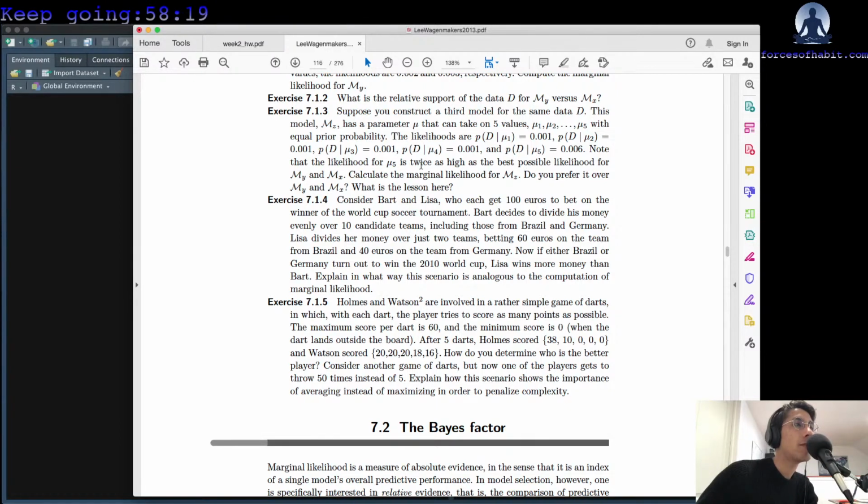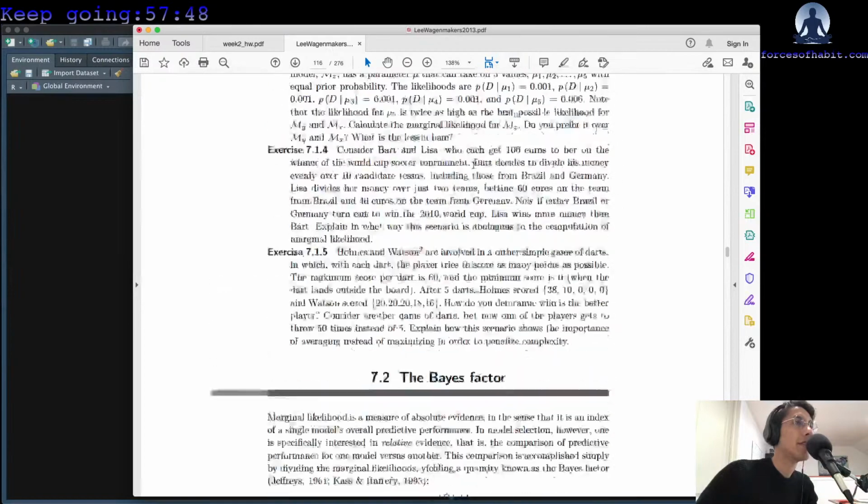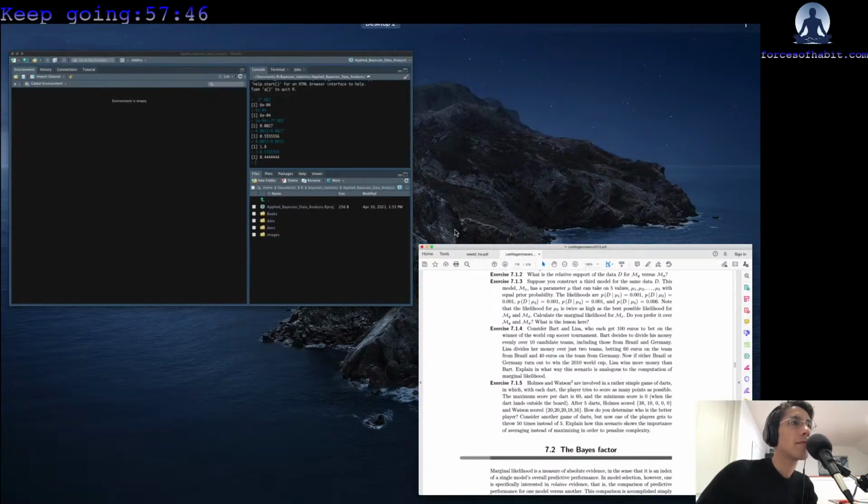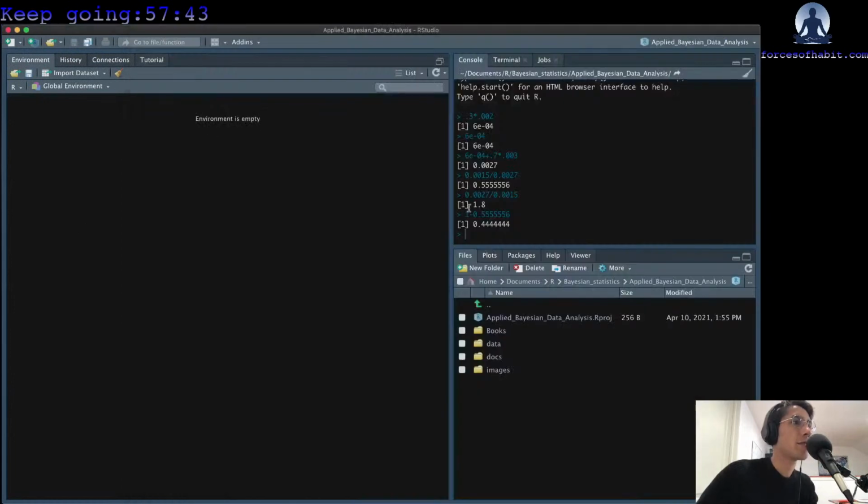So what we're going to see here is that this model is going to be penalized for making many predictions, I think, or for having this broad prior. Either way, we're going to see several of these mechanisms in terms of the accounting of complexity and the marginal likelihood for the size of the evidence. Let's see. I have my book here, so I'm just going to write down these values.